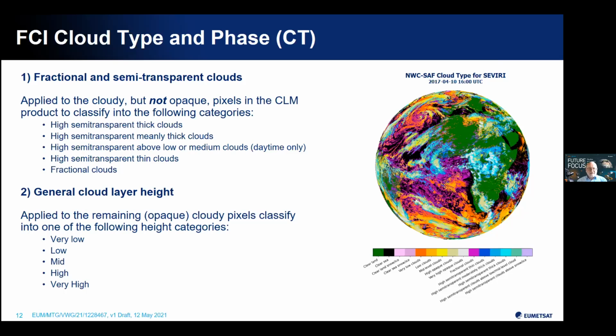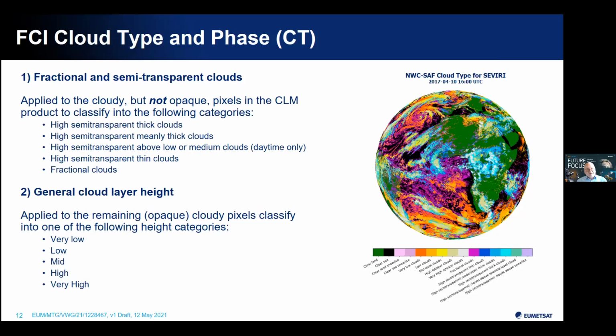So we apply that to the other pixels, and we distinguish between high semi-transparent, thick, mini-thick, and thin clouds, but also high clouds over low or medium clouds, which is a typical multi-layer cloud situation. And we also identify fractional clouds.